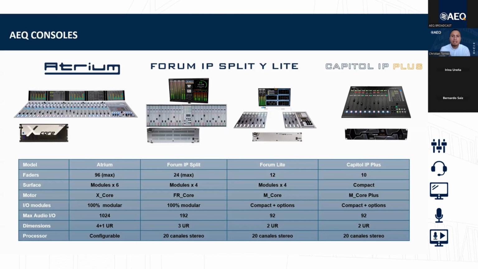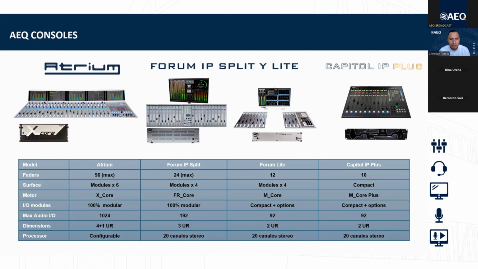Next up is the medium range Forum system, available in split and light versions. Both versions offer a surface with 4 modules and 20 stereo channels. The split version uses an FR core engine with up to 24 faders and a maximum of 192 audio channels in 3 rack units, making it 100% modular.